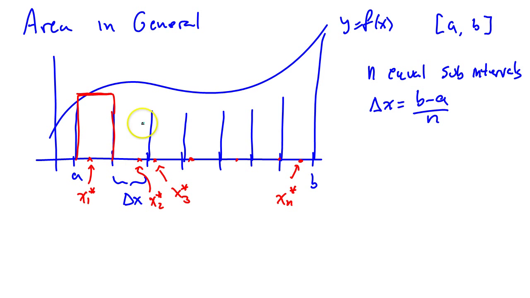The second rectangle, I'm plugging this x value in. So I go up to here and pick that. I can choose randomly anywhere in there to pick these x values to plug in and to make these rectangles however high I want them.